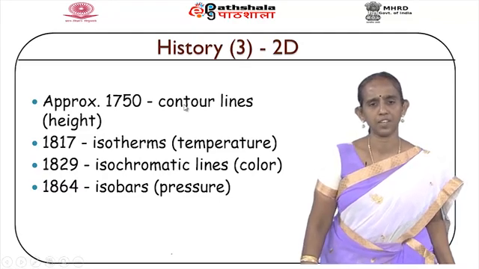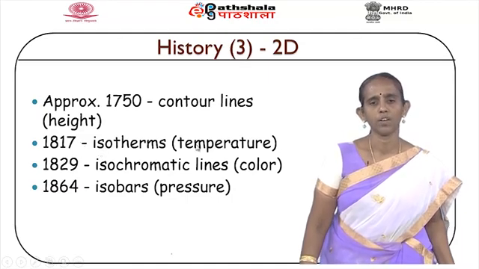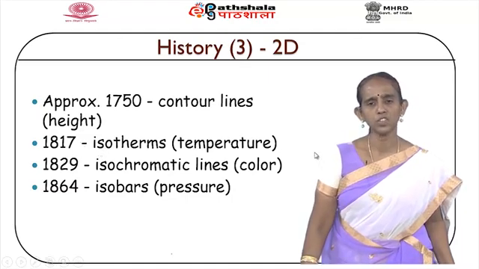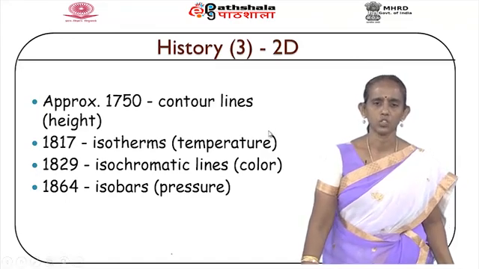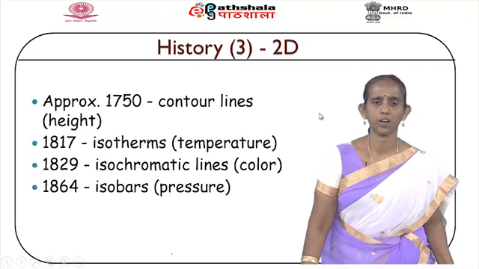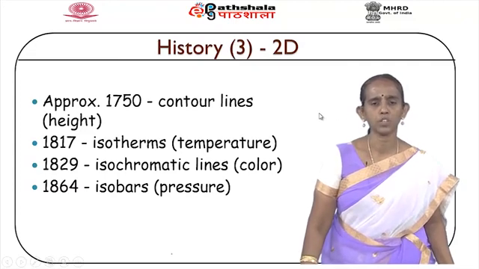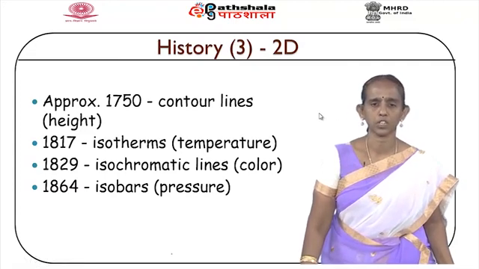Then later, in the year 1817, isotherms were drawn, where the regions with the same temperature are joined using lines called isotherms, and they form a chart called an isothermal chart.